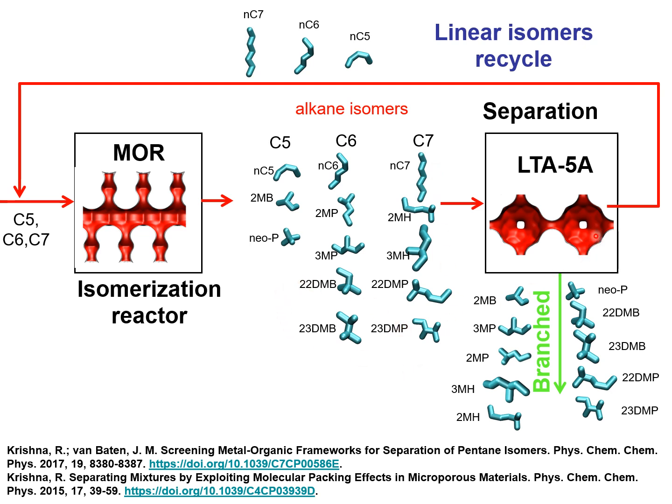In the separation step, LTA 5A zeolite is used in order to separate the linear isomers nC5, nC6, and nC7 that can pass through the narrow windows, typically of diameter 4 angstrom, 5 angstrom, and the bulkier monobranched and dibranched isomers are unable to hop from one cage to the adjacent cage, and they are recovered in the raffinate phase.